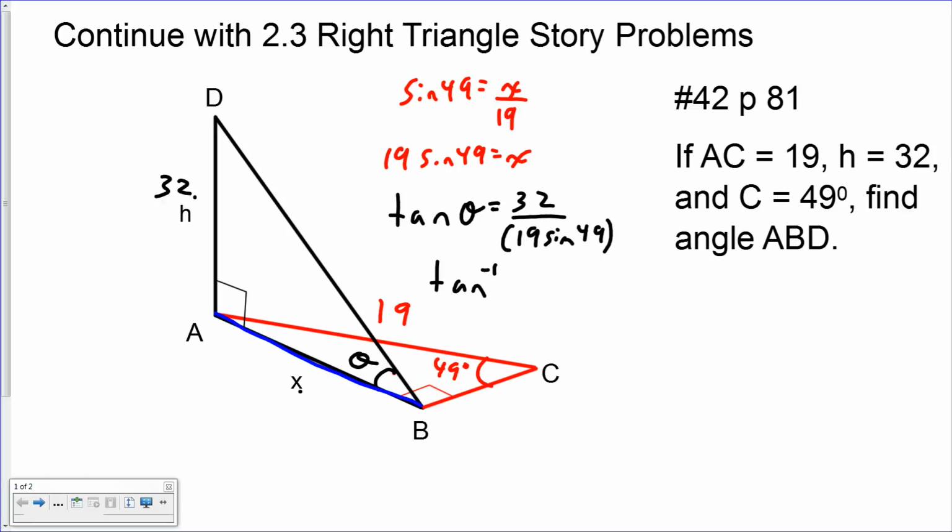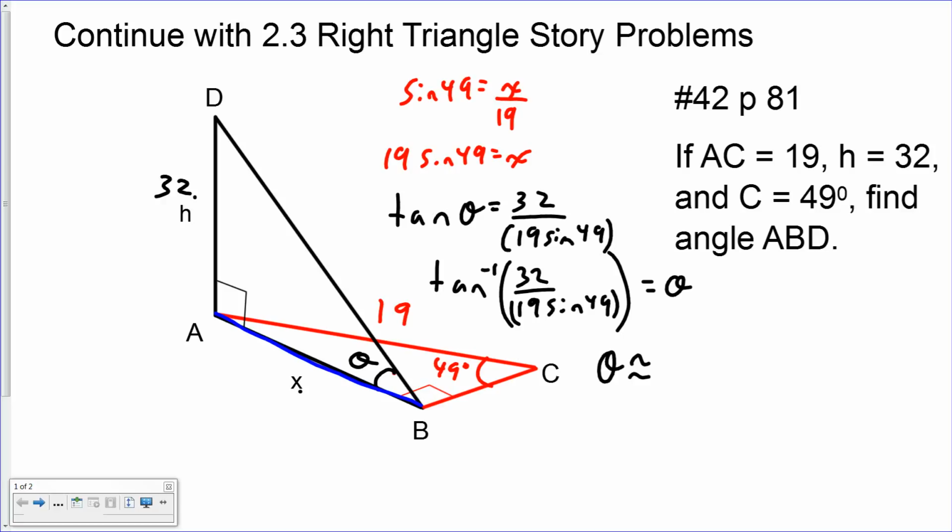Tangent inverse undoing the tangent. So when you take the tangent inverse of 32 divided by 19 sine 49, you end up with your theta.